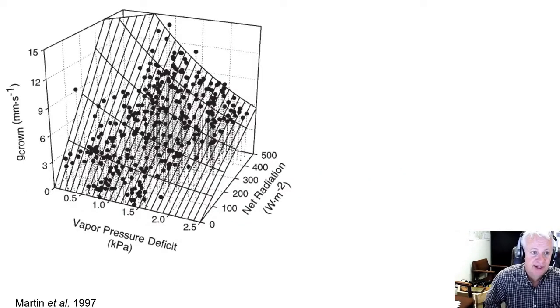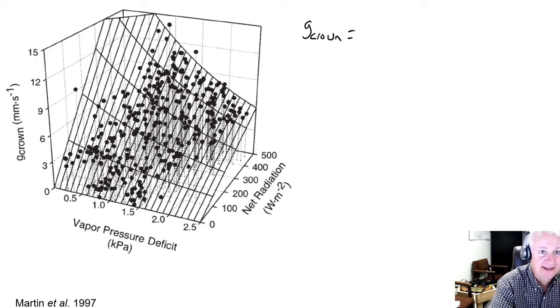Here's an example of another type of data that can be derived from sap flow data that's pretty powerful, and that's crown conductance. So this G crown on the y-axis there is crown conductance.